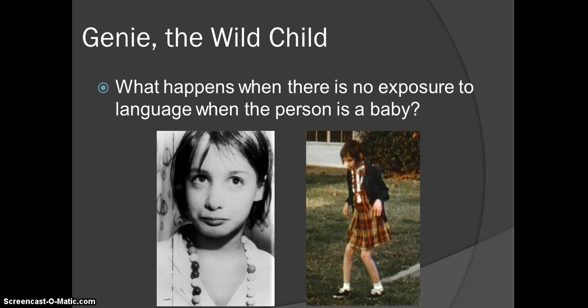Around the age of 20 months, Jeannie's father decided to isolate her as much as possible. So from the age of 20 months until she reached 13 years and 7 months, he kept her locked alone in a room.